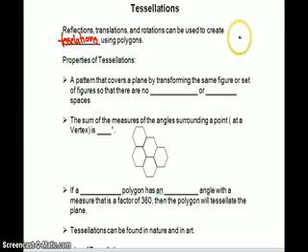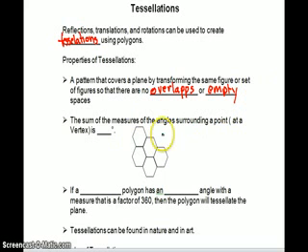A tessellation is a pattern that covers a plane by transforming the same figure or set of figures so that there are no overlaps or empty spaces. It has to completely cover it, like the tile on the floor is an example of a tessellation.